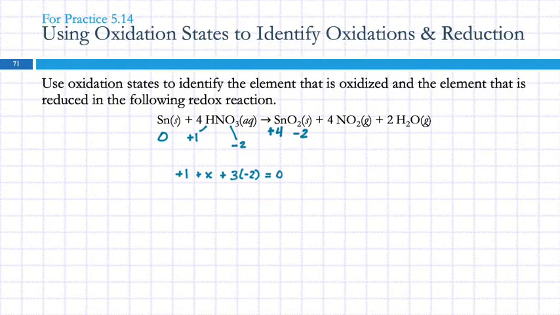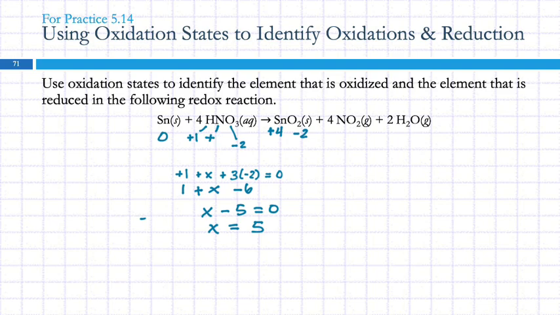Just write it out like this. So here I've got a +1, and that's a total of -6, right? So that means that I have x minus 5 is equal to 0, or x is 5. So for the nitrogen, it's +5.